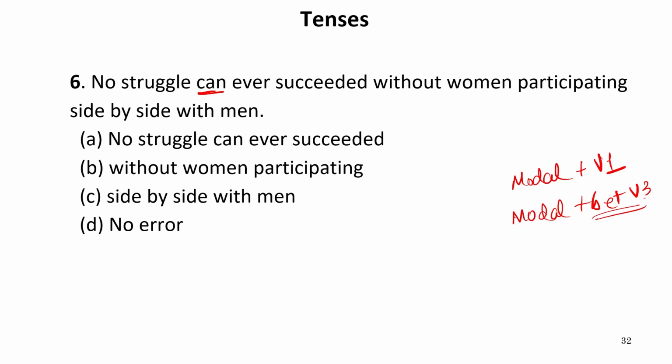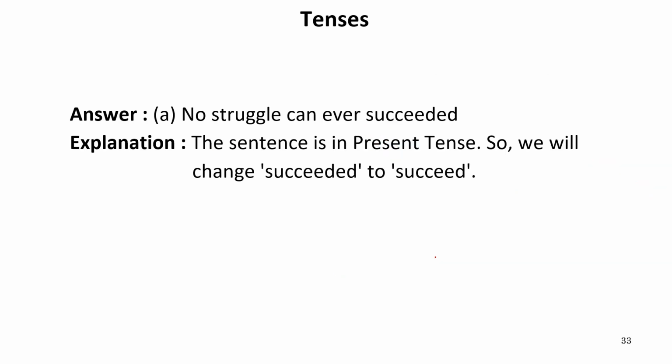So it is well obvious that "can" cannot be followed by the second form of verb. So answer is A, that this part is wrong. The rectification is succeed. "Succeeded" should be replaced with "succeed". No struggle can ever succeed will be the correct answer. So here "ed" will be removed and it will become "succeed".